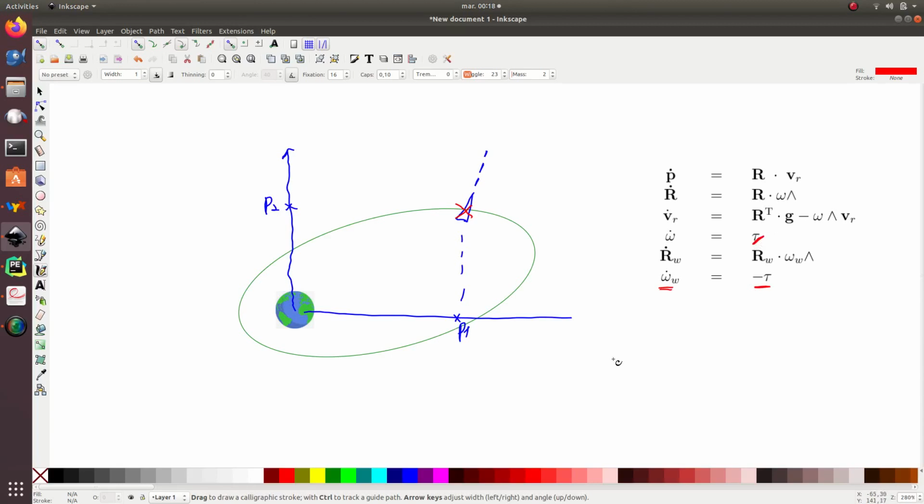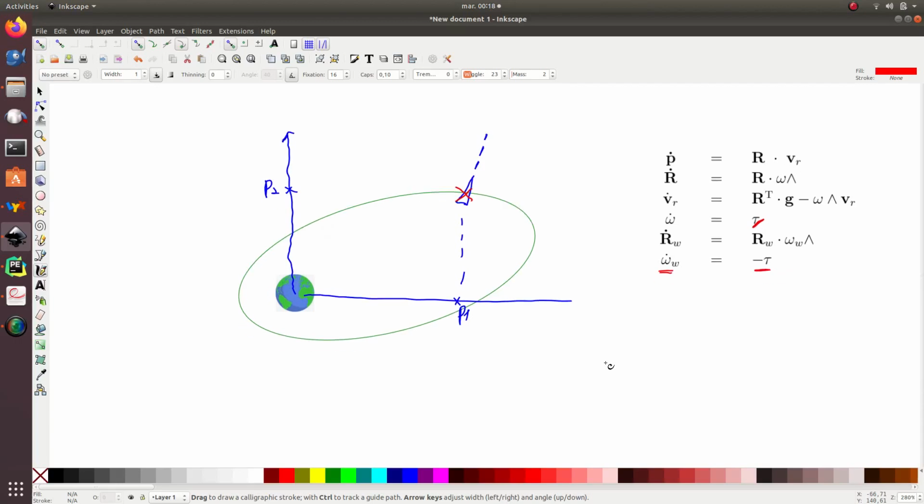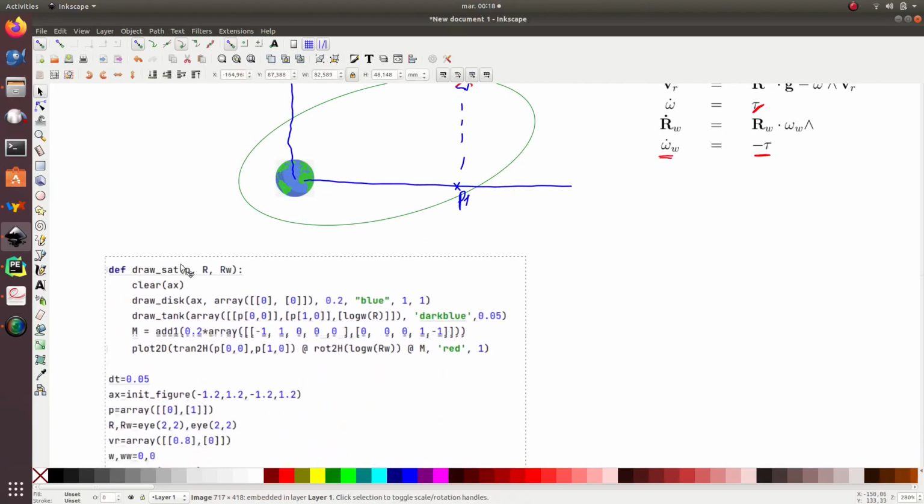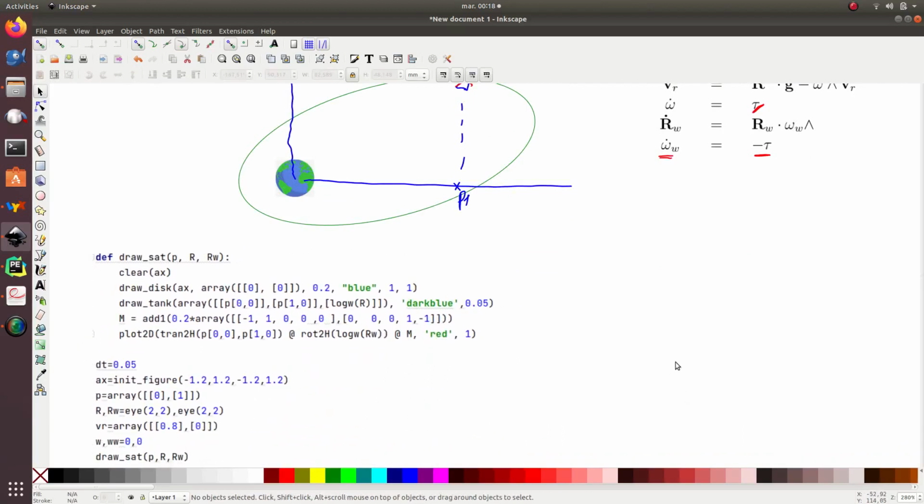I have to simulate the system, and first I will need to draw it. To draw it, I propose the following Python program. Here I draw the disk corresponding to the Earth.